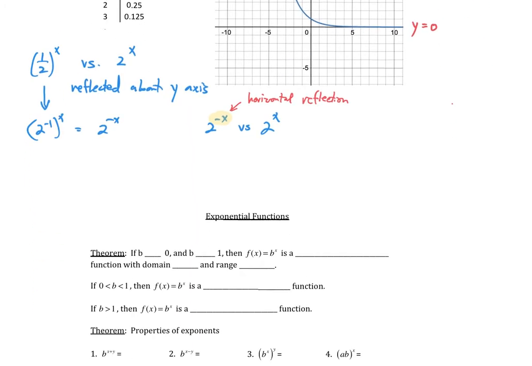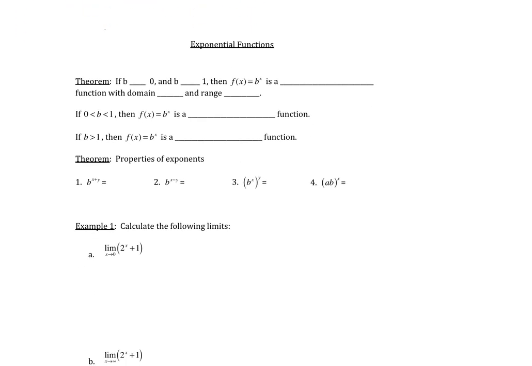Okay, let's piece all this together in a theorem here. So in our theorem, the first thing we have is some restrictions on the base. So the base must be greater than 0, and it's not allowed to be equal to 1. So when the base is 0 or 1, those are degenerate cases.